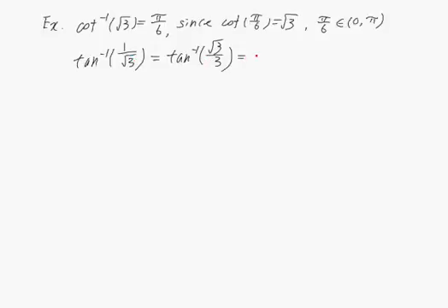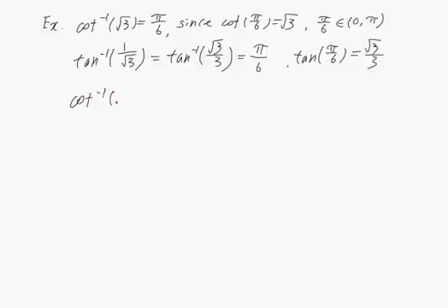And we know this is also equal to pi over 6, because you have the tangent of pi over 6 equal to root of 3 over 3, and pi over 6 also belongs to the range of the inverse tangent, right?